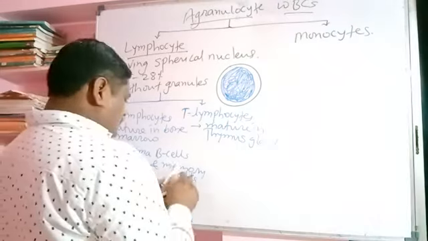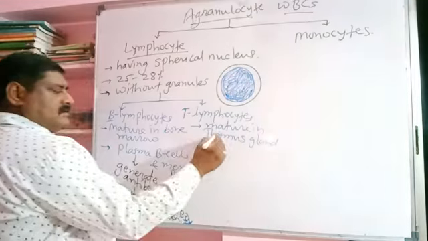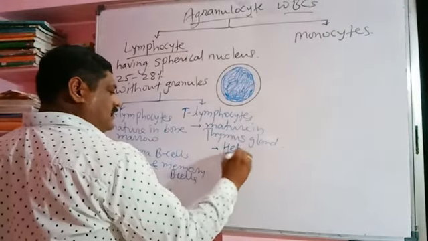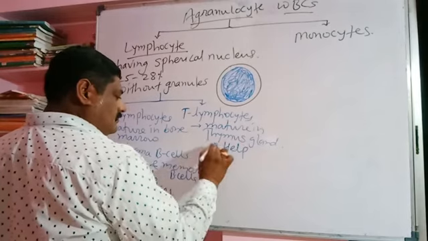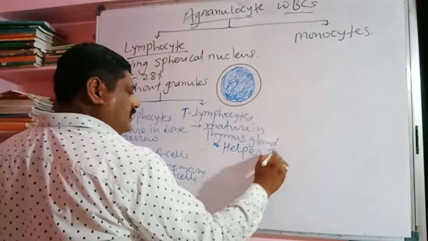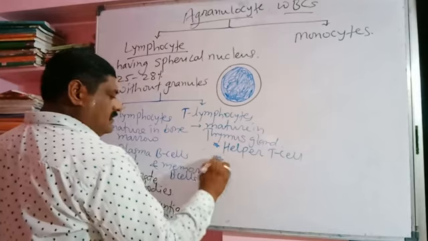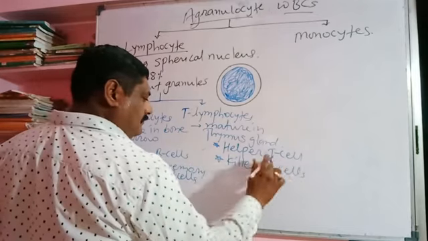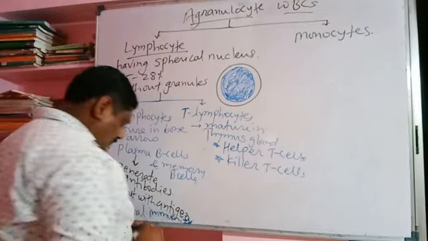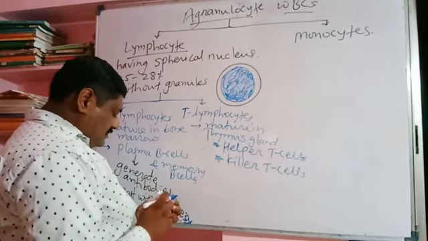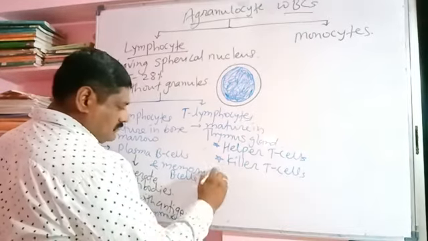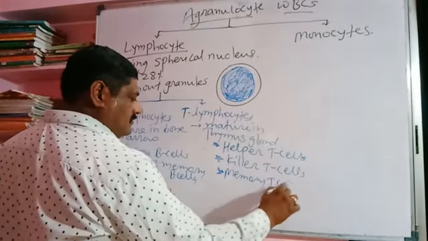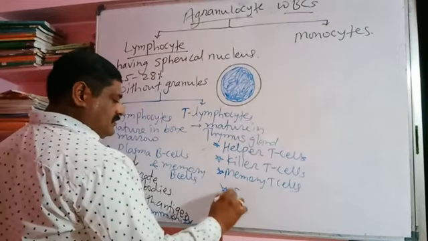T lymphocytes. These cells are differentiated into helper T lymphocytes, killer T lymphocytes, memory T lymphocytes, and suppressor T lymphocytes.